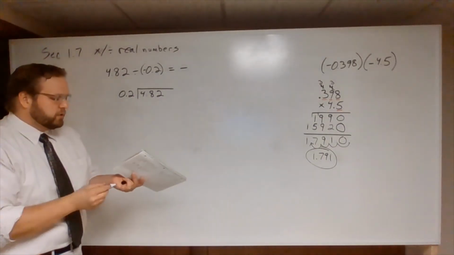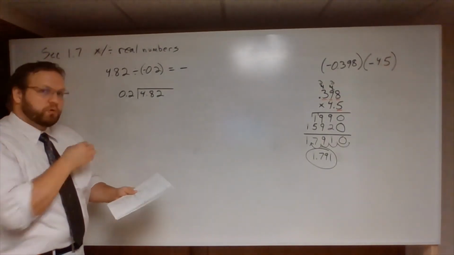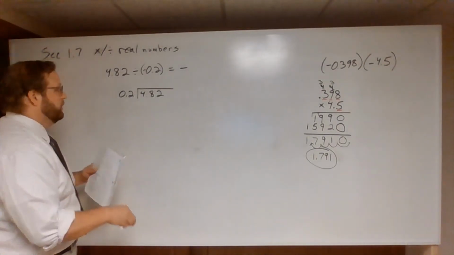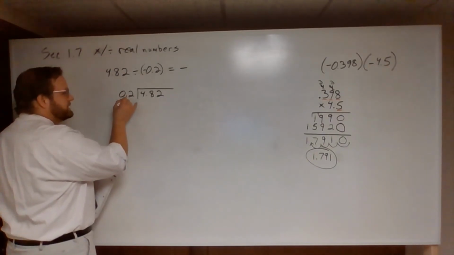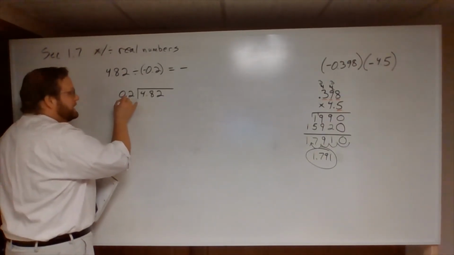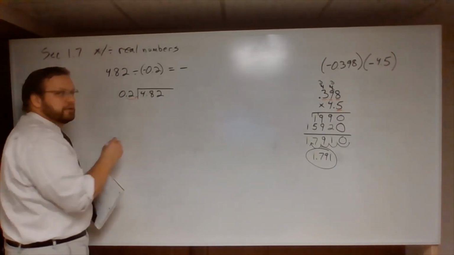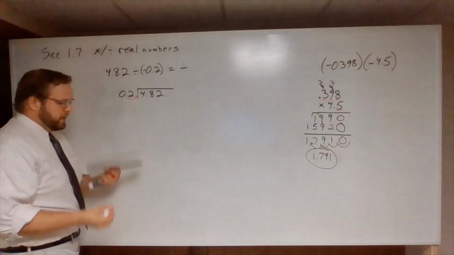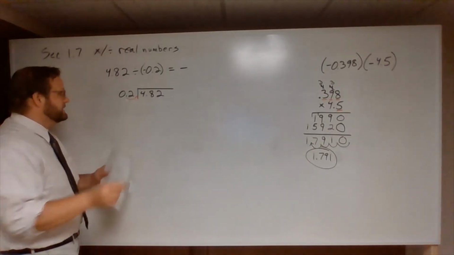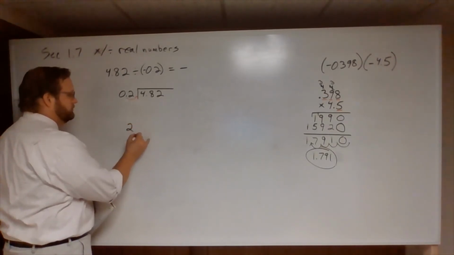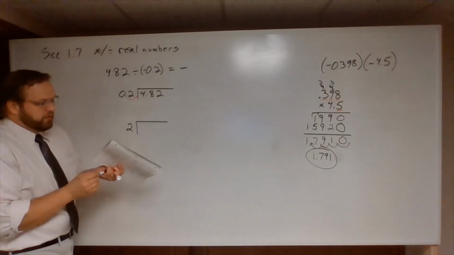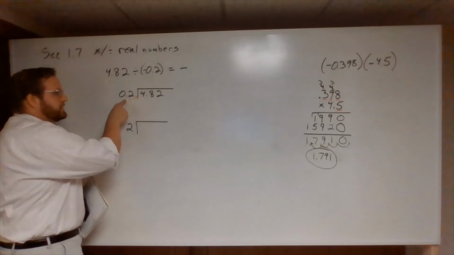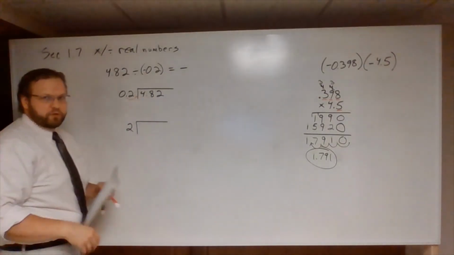So what I'm going to do to get this thing started is I'm going to adjust the decimal. Now, what I mean by that is I move this decimal in the divisor as many times as it takes so it's all the way to the right. So now that divisor is simply a 2. Now here's the thing. I moved this one spot so it's all the way to the right.